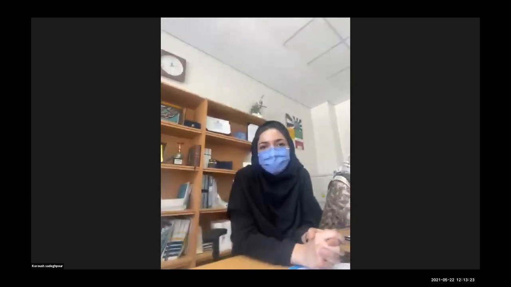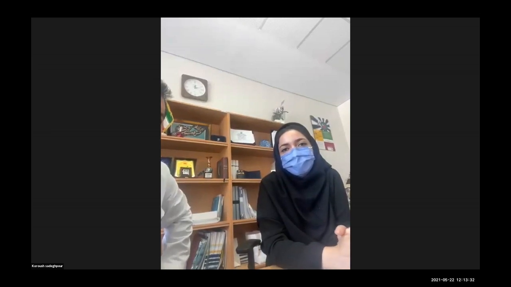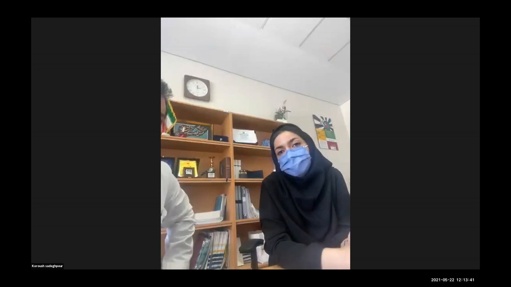About the hardness of this material, we know that the zirconia is the most friendly material for the dentition. It has the less wear for the opposing teeth, and even when we have the natural teeth opposing the zirconia, it causes less wear in comparison to other glass matrix ceramics that we use for the layering.